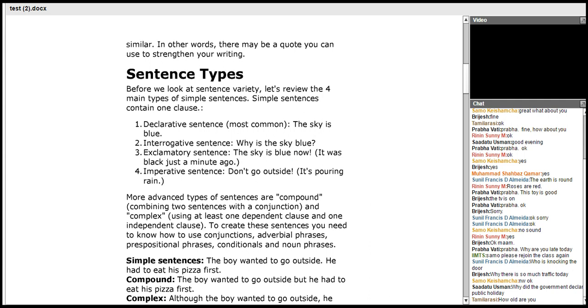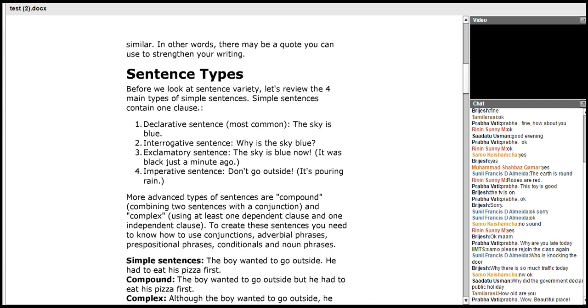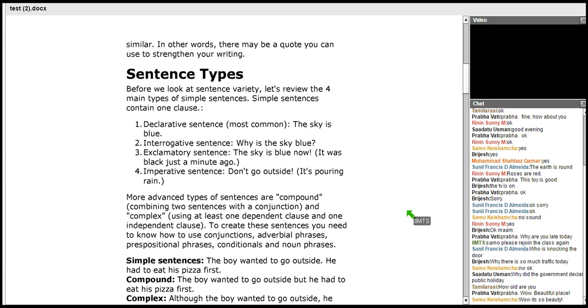This is an exclamatory sentence. Right? Yes, wow, beautiful place. Divine. It's so beautiful, Samu.